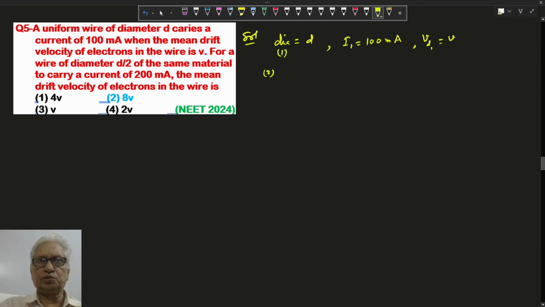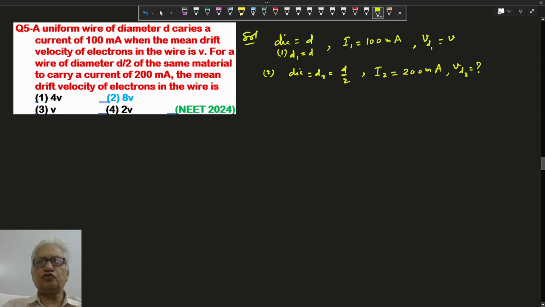In wire number 2, the diameter will be half. Here D1 is D, but D2 is D by 2. Same material, so resistivity and everything is the same. It is carrying the current 100 milliampere. We have to find out the drift velocity in the second wire.